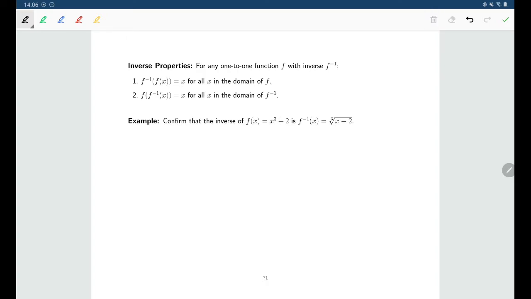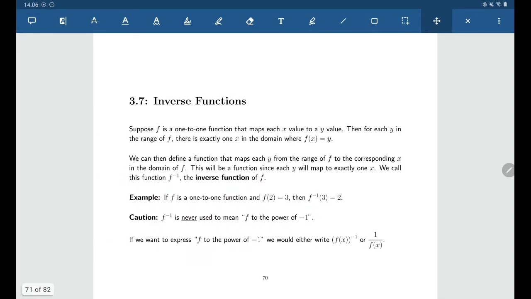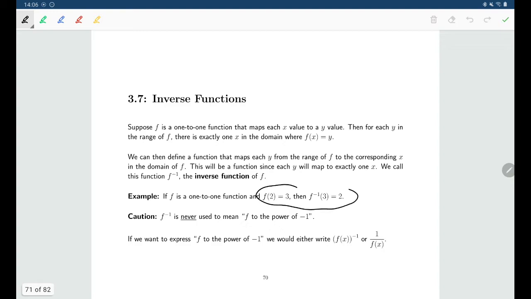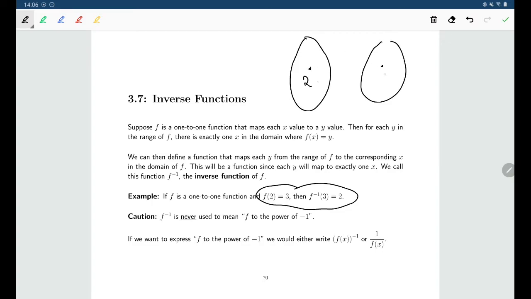And the reason for that, thinking back to the example from the previous slide, is this: imagine that f takes the input value of 2 and gives you an output value of 3, and f inverse does the reverse. Then if you compose f with f inverse, take an input value of 2, put it into f, and then take that value and put it into f inverse, you get back to where you started.